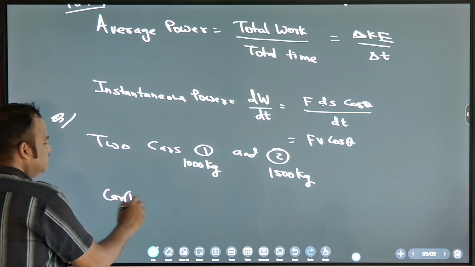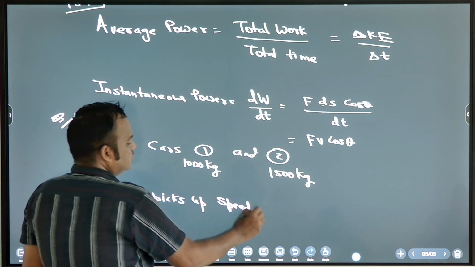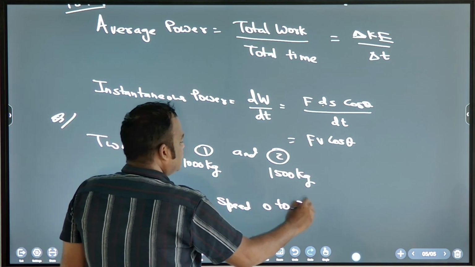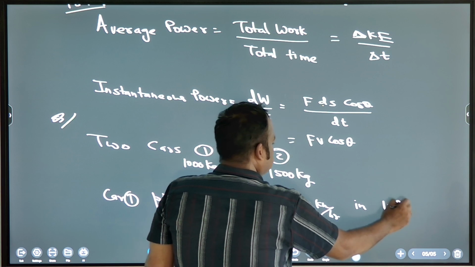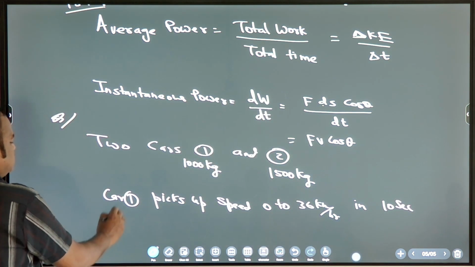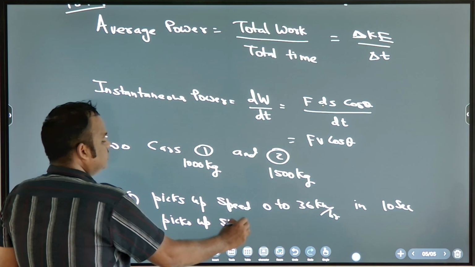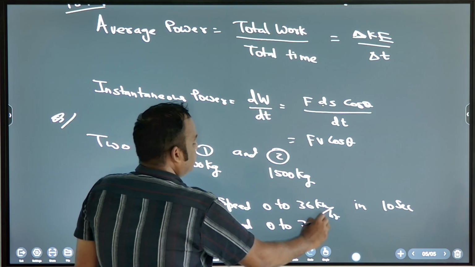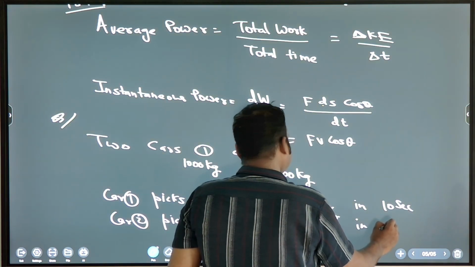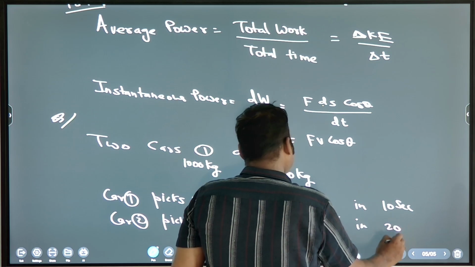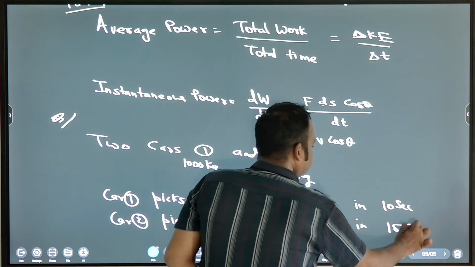Car one picks up speed from 0 to 36 kilometer per hour in 10 seconds. Car 2 picks up speed from 0 to 72 kilometer per hour in 15 seconds.